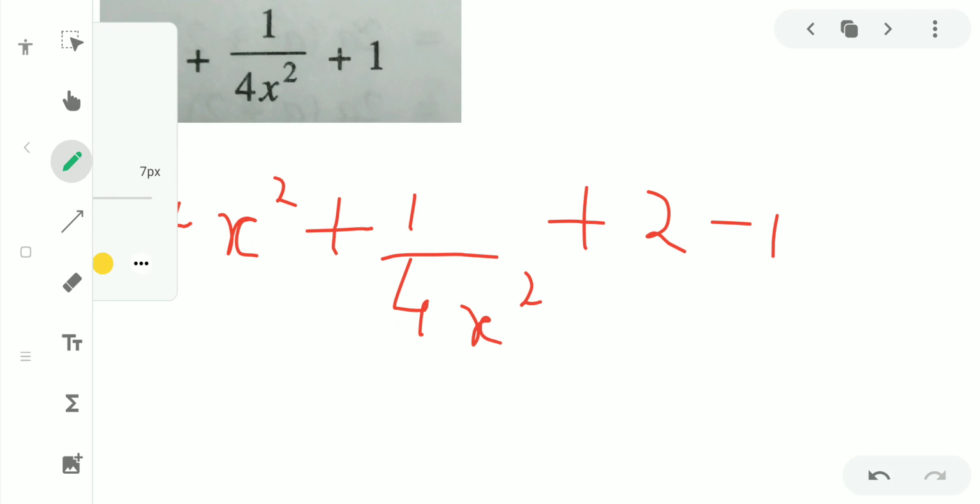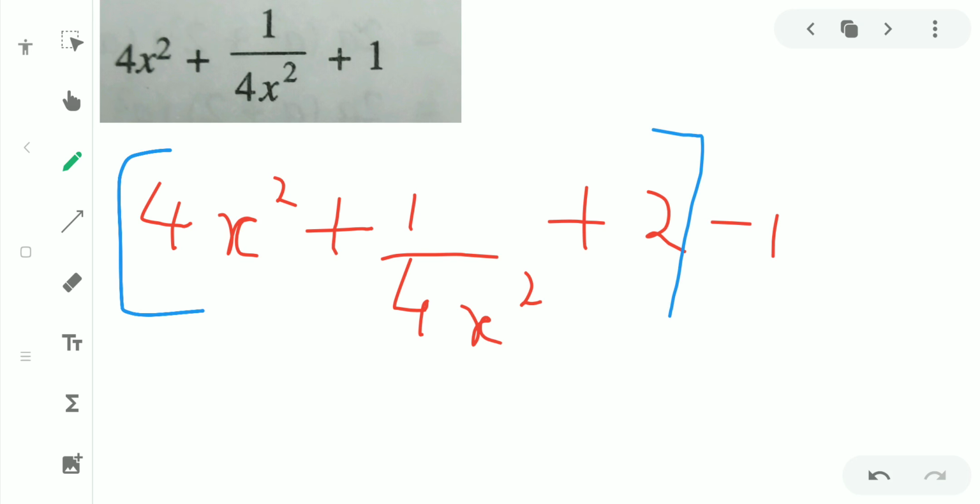So just consider the expression which is in the blue brackets only and leave minus 1. So 4x square plus 1 by 4x square plus 2. I am just only focusing on that one.